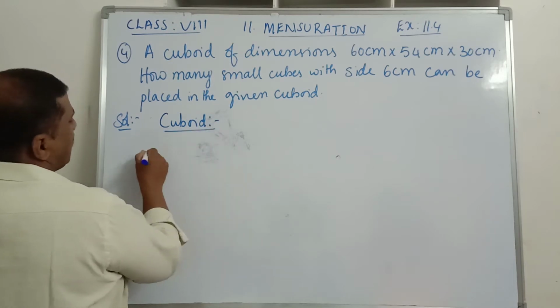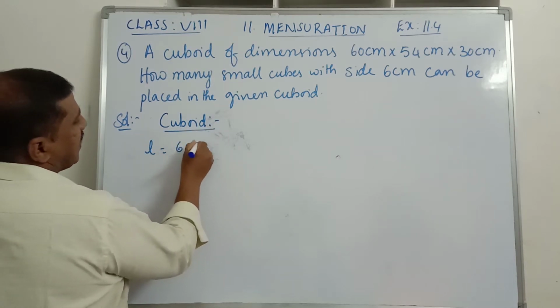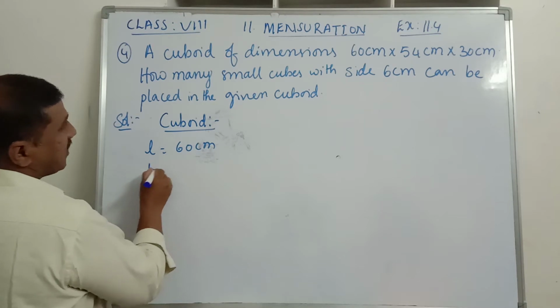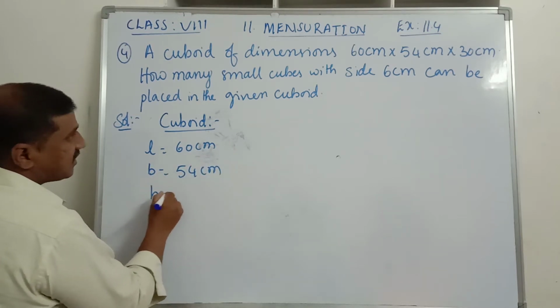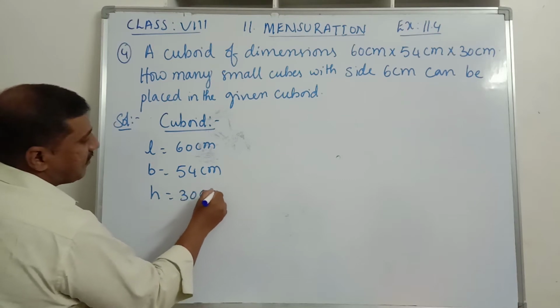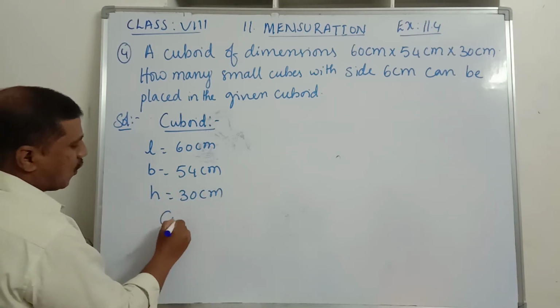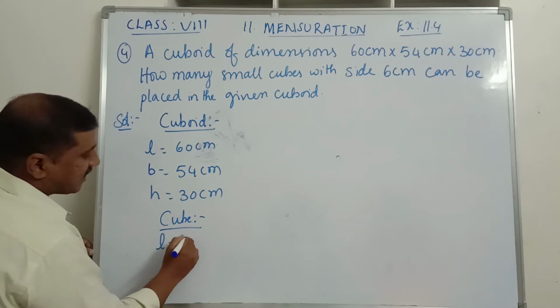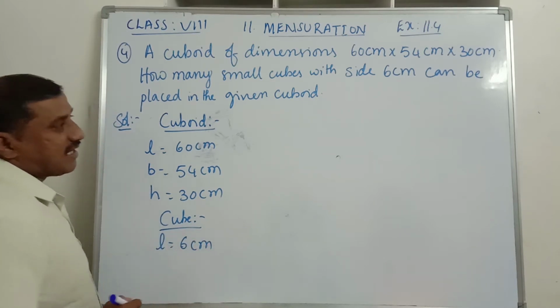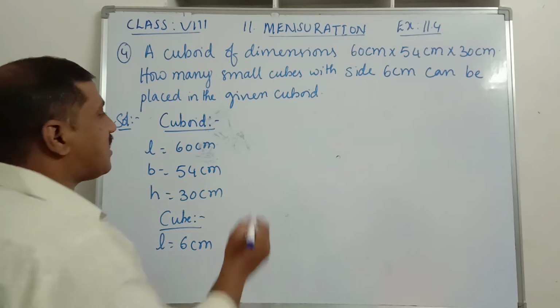For the cuboid, the length is equal to 60 centimeters and the breadth is equal to 54 centimeters. Height h is equal to 30 centimeters. Similarly, for the cube, the length of each side L is equal to 6 centimeters.